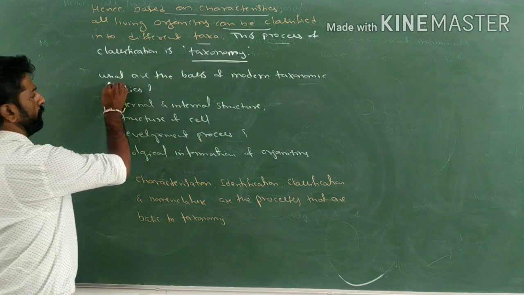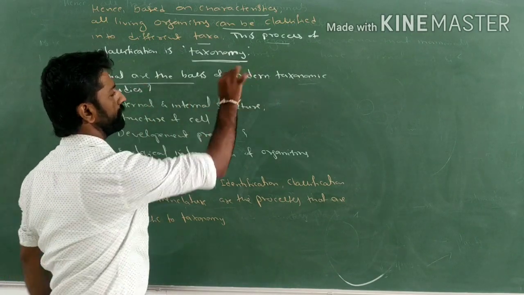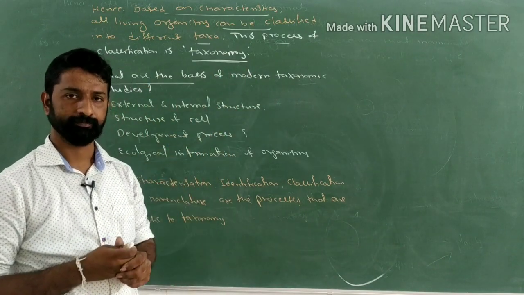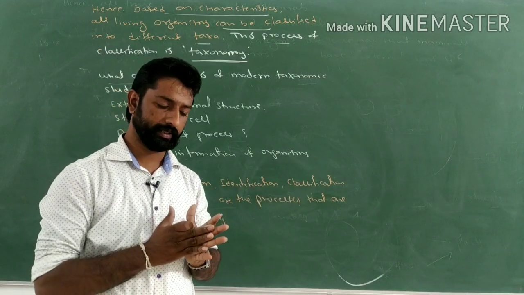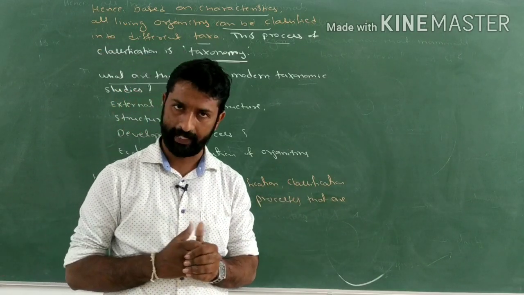So what are the bases of modern taxonomic studies? How are organisms classified into different taxa?